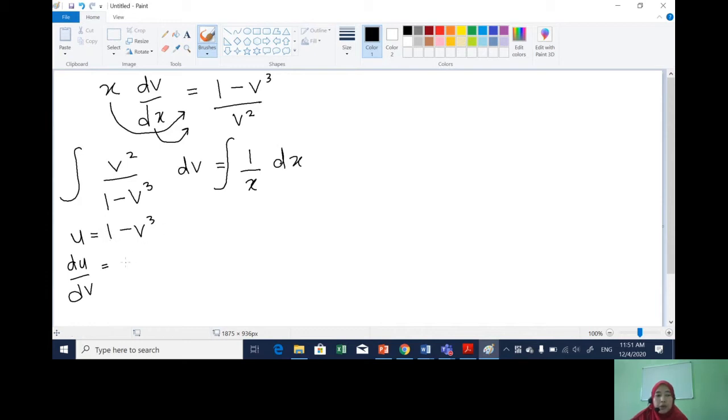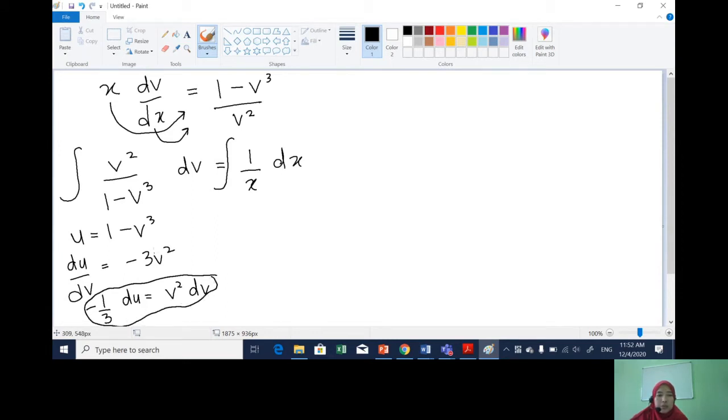This one, when we differentiate, we have negative 3v to the power 2. So we have v squared dv, correct? So the form here we can write as negative 1 over 3 du is equal to v squared dv.